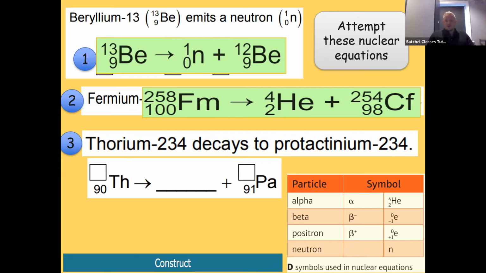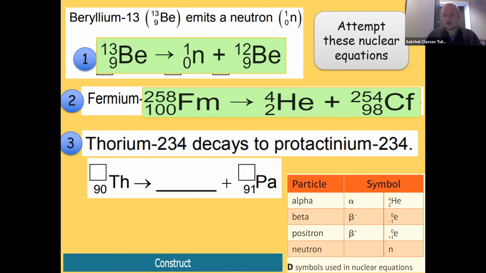Finally, our third one, thorium-234 decays to protactinium-234. Again, it's not told us how. We're expected to work that one out. But if we look at the symbols that we've got, Th 90 is decaying into something plus Pa 91. Well, straight away, looking at this, I'm thinking, right, the atomic number has increased by 1.